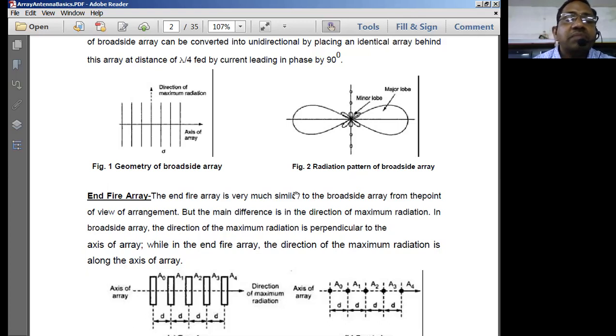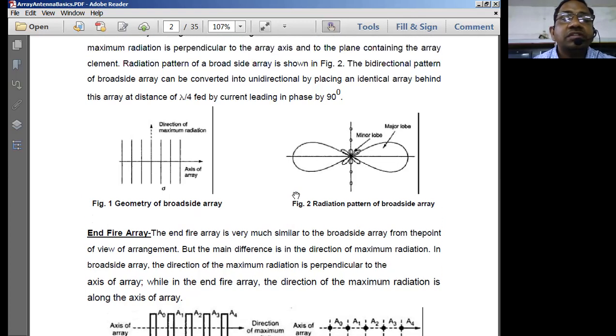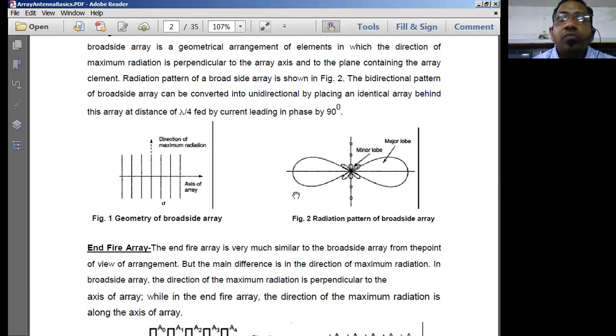One more important distinction is that the broadside pattern of the broadside array is basically a bidirectional pattern, and it can be converted into unidirectional by placing an identical array behind this array at a distance of lambda by 4, fed by current leading in phase by 90 degrees.